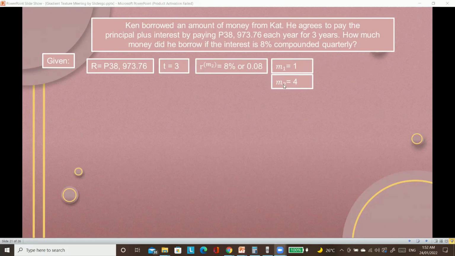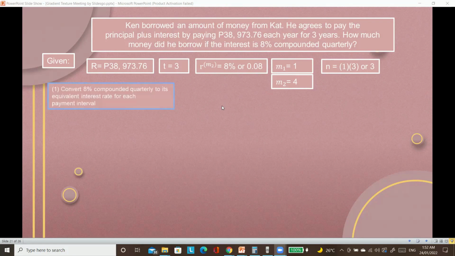Then m sub 2 natin ay 4, kasi compounded quarterly naman. n natin ay 1 times 3 or 3, kasi m sub 1 times time. Okay.